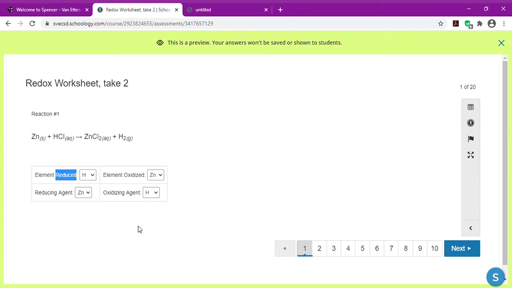Look for the reduction first because the reduction is actually what it sounds like. If the charge goes down, that is the reduction. That is the guy who is reduced. It sounds more like what it is. So hydrogen +1 down to 0, he is reduced. He is also the oxidizing agent.